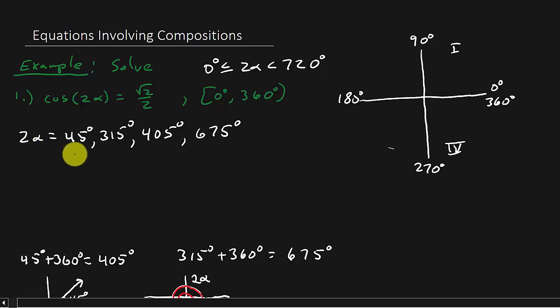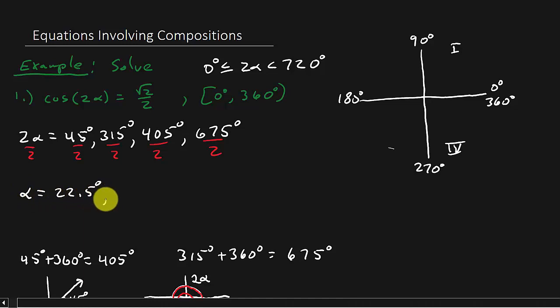Okay? All right. So I've got 4 solutions here, but notice what this says. This is 2 alpha equals this. I need to know what alpha is. So I need to divide everything by 2 to get alpha. So that's going to give me alpha is 22.5 degrees.